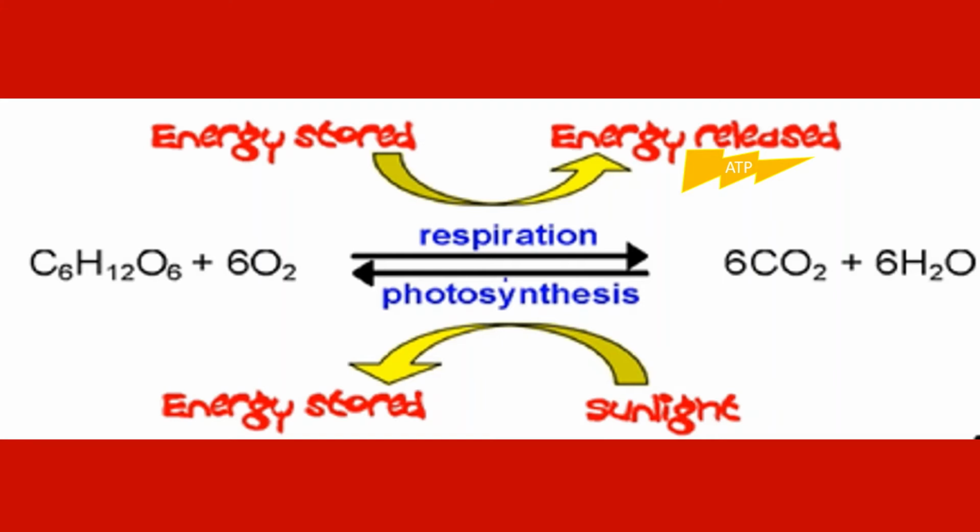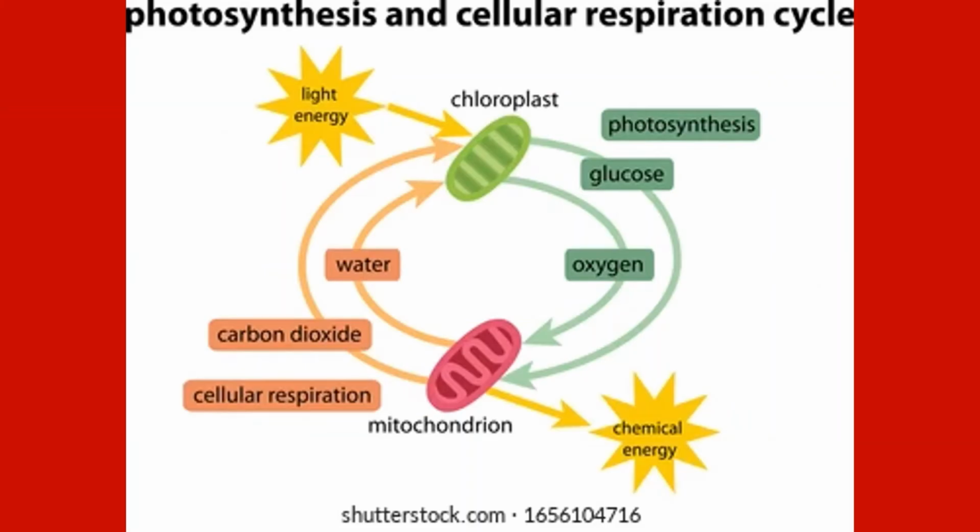So a lot of chemistry-focused people will look at this equation and see just this movement of back and forth. For most people, though, including myself, it is easier to view photosynthesis and cellular respiration as a cycle. So the same points that I made in that equation image is what's happening here.